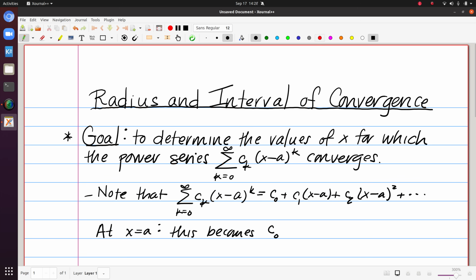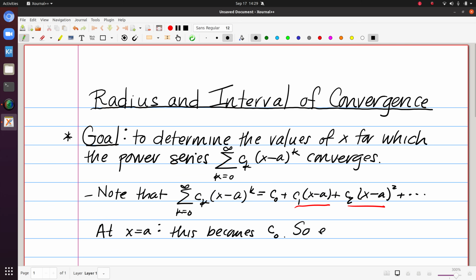So plugging in x equals a would result in all of the terms following c naught going to 0 by having that x minus a factor. So at the value of x equals a, this sum becomes simply the constant term c sub 0.